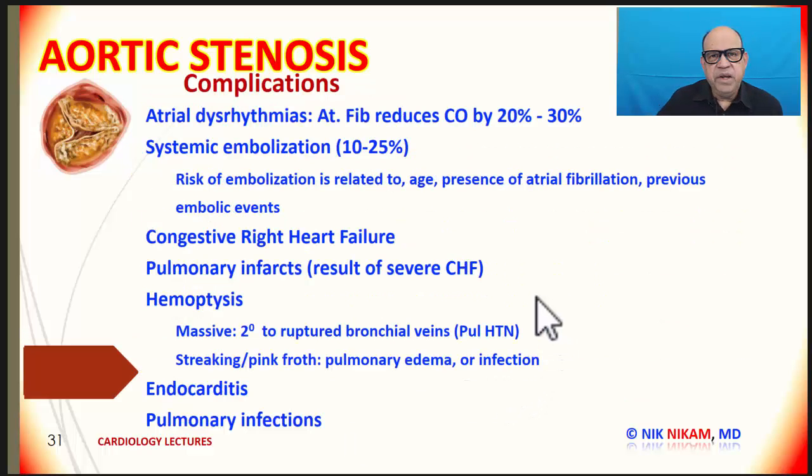The complications related to aortic stenosis include atrial arrhythmias, the most frequent of which is atrial fibrillation, which can reduce the cardiac output by 20 to 30% because of the loss of atrial kick.